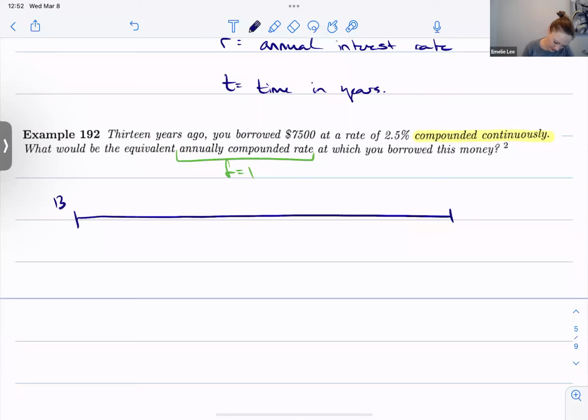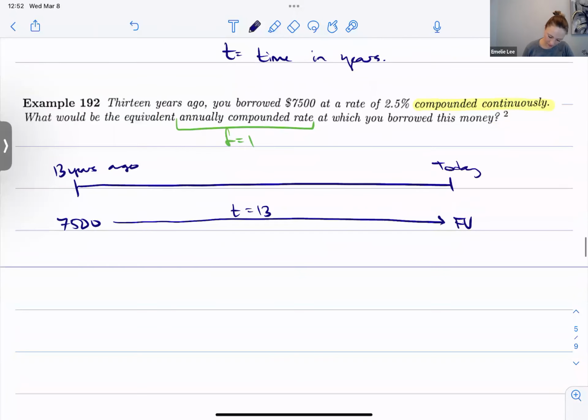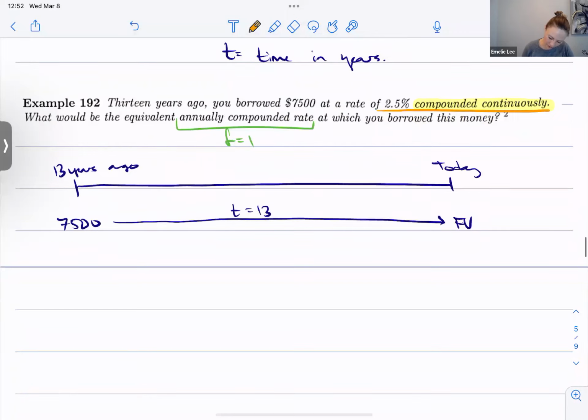So you have 13 years ago, and presumably today, you borrowed $7,500 13 years ago, and you owe some future value today. So the time is 13 years. The rate is 2.5%.